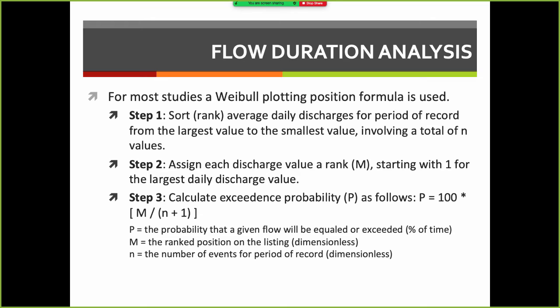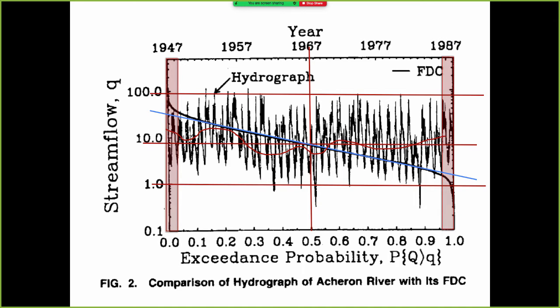So the actual analysis, in most studies, the Weibull plotting position is the probability estimation formula that's used to turn that wiggly hydrograph into exceedance probability estimates.